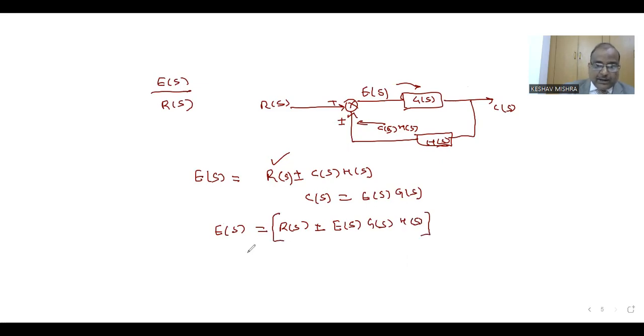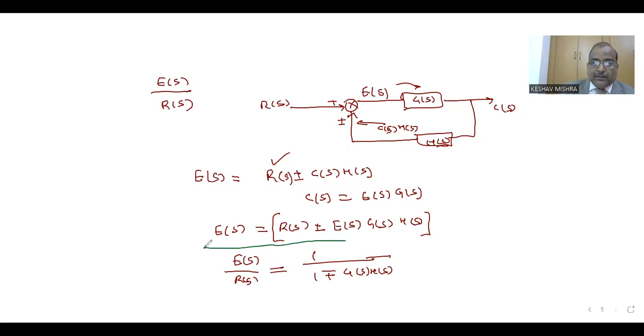So take R(s) as common factor. So this E(s) upon R(s) is equal to 1 upon 1 plus or minus G(s) H(s). So this is another useful relation in order to simplify block diagram based problems.